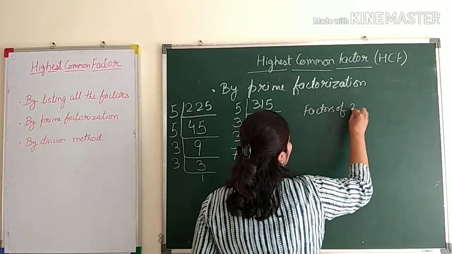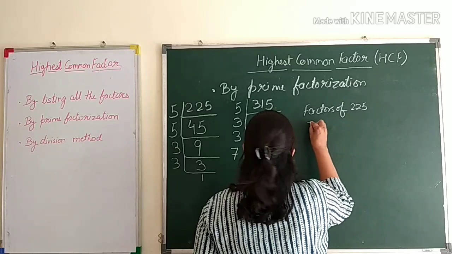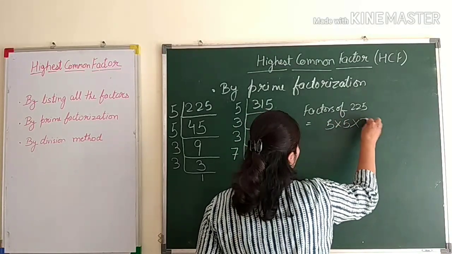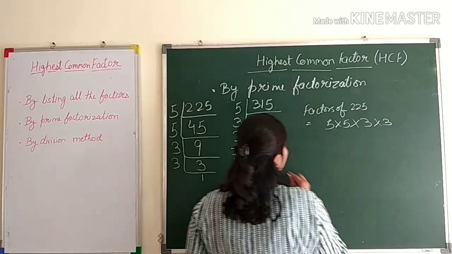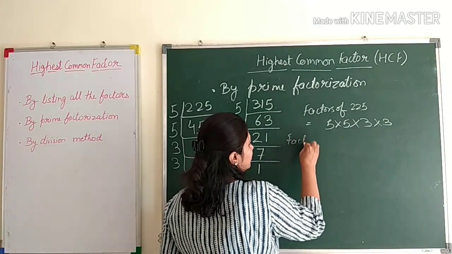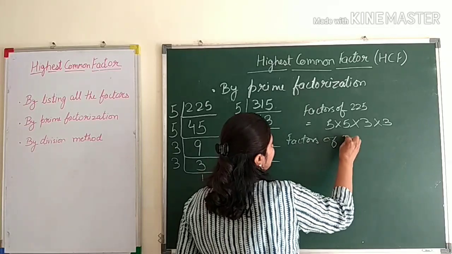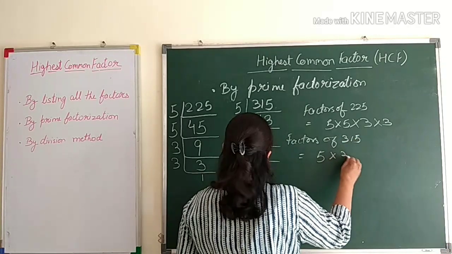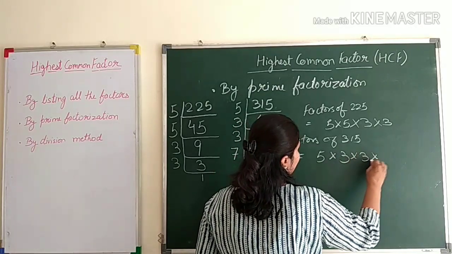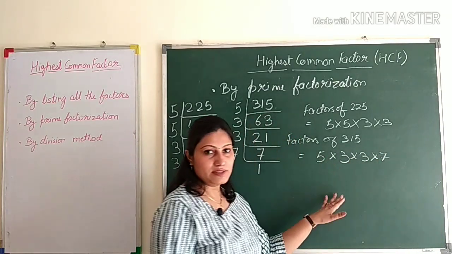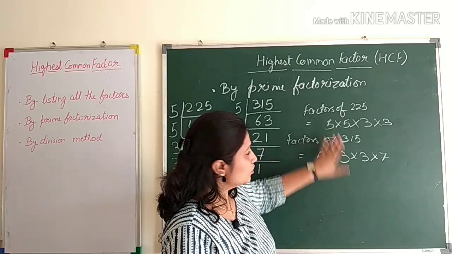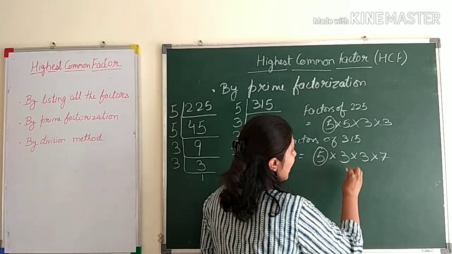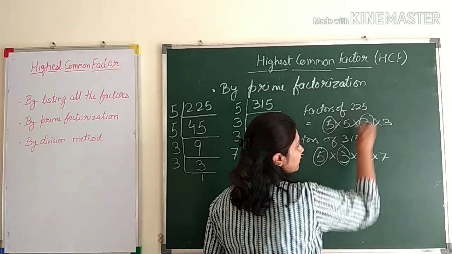Factors of 225 will be 5 into 5 into 3 into 3. And the factors of 315 will be 5 into 3 into 3 into 7. Here you can see in these two numbers, the 5 is common and 3 is common.